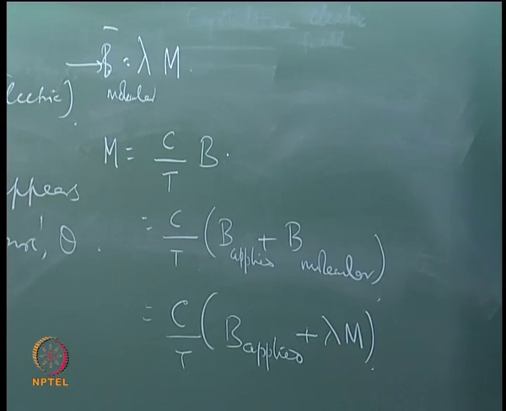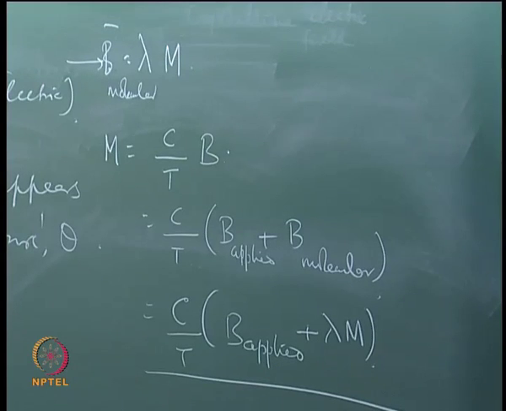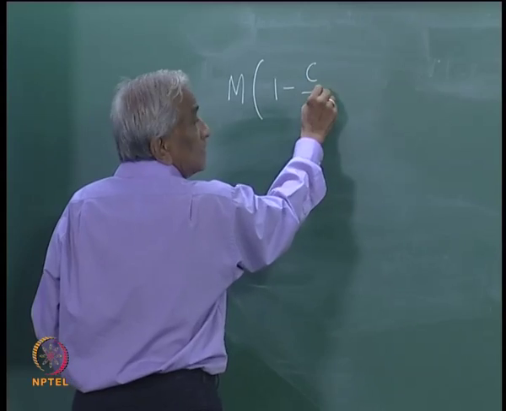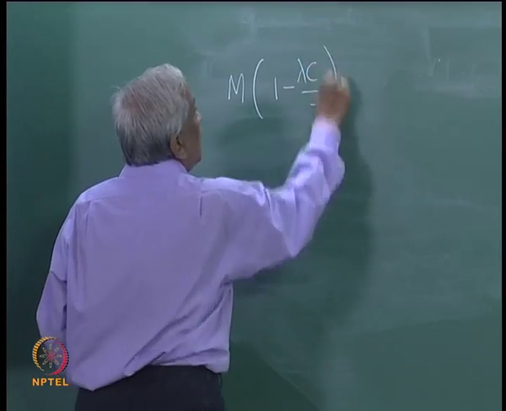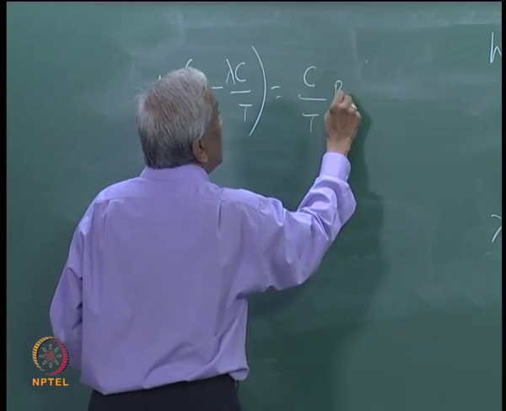Since I have terms involving the magnetization m on both the left and right sides of this equation, we will bring them together and write m into 1 minus C by T into lambda equals C by T into B applied.